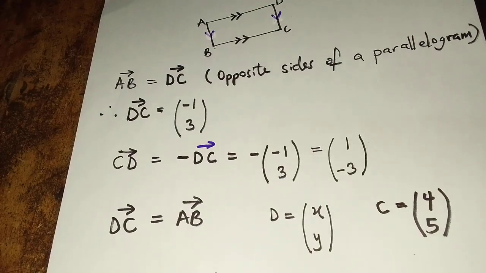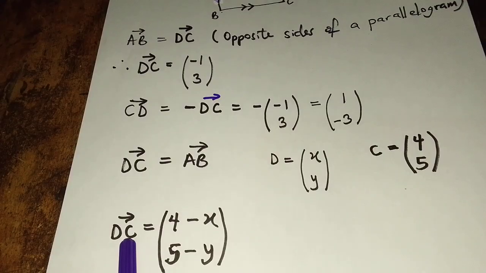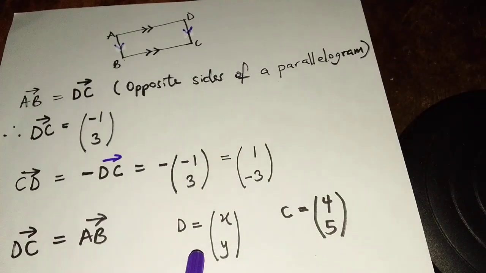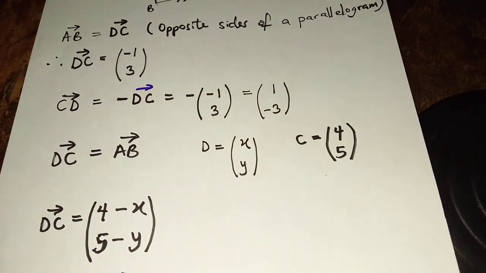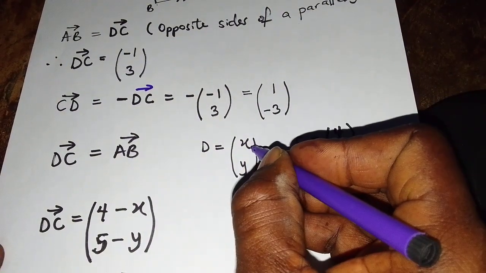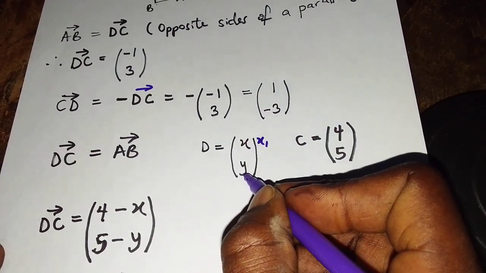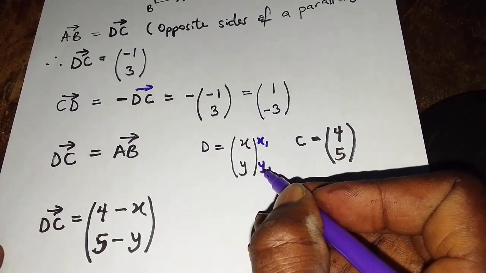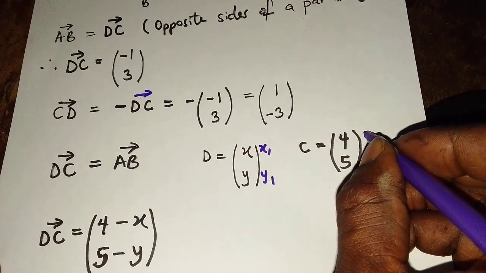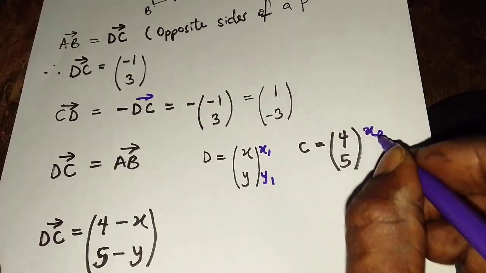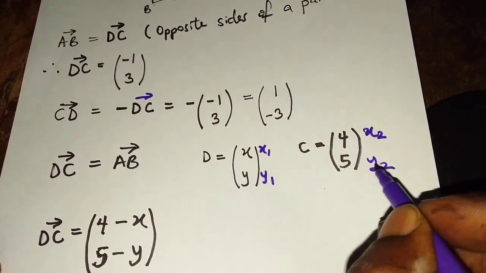Now, for us to be able to get DC, you realize that since we are talking of DC, D should come first before C. So this x is taken to be our x1, and this y is taken to be our y1. Likewise, this C is taken to be our x2, and this 5 is taken to be our y2.